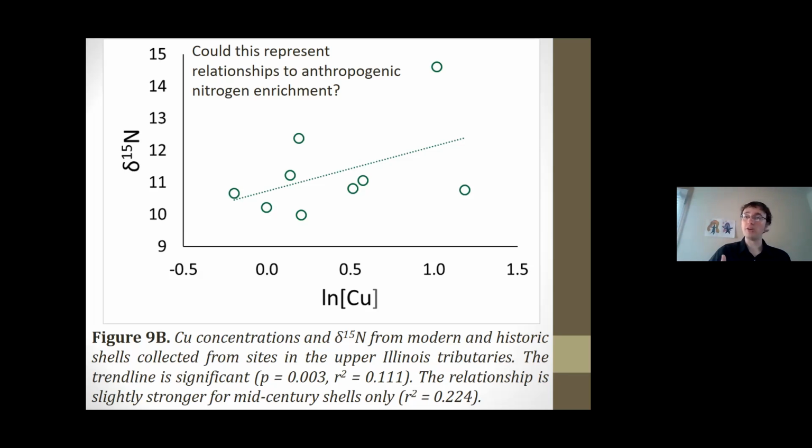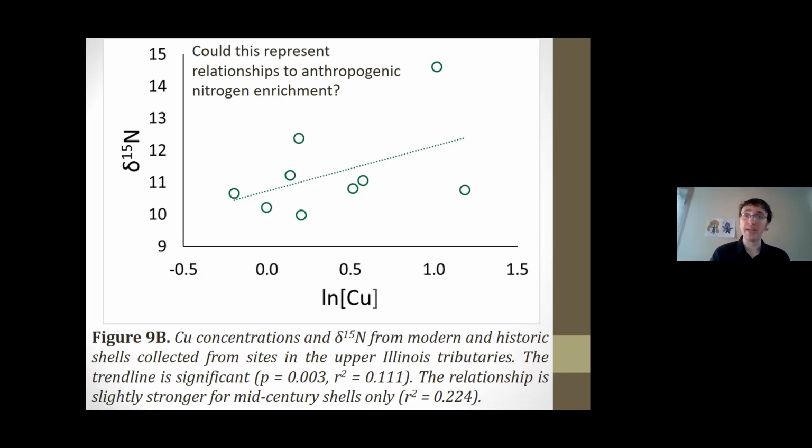They were doing kind of a parallel study on those growth rates. And what we think, this is a little bit stronger, what we think is going on here is that as nutrient enrichment has happened in these streams, the growth rate has increased. And as the growth rate has increased, I think that there's more organic matter being incorporated into the shell. This is something that I would have to really test out.